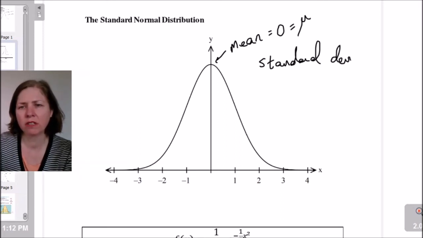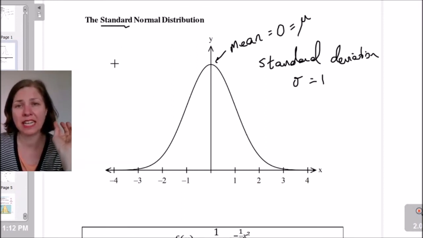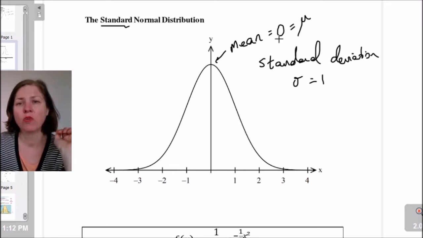Standard deviation, which is given by the lowercase sigma, is 1 for the standard normal distribution, not for all normal distributions, just for the standard distribution. We've got a mean of 0 and a standard deviation of 1. So what that means is that this value here, this 1, is 1 standard deviation, and this 2 is 2 standard deviations. Okay.